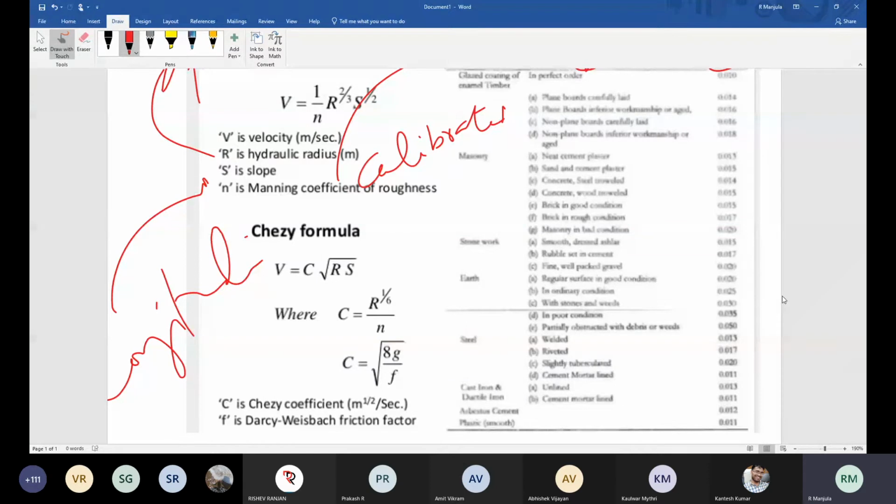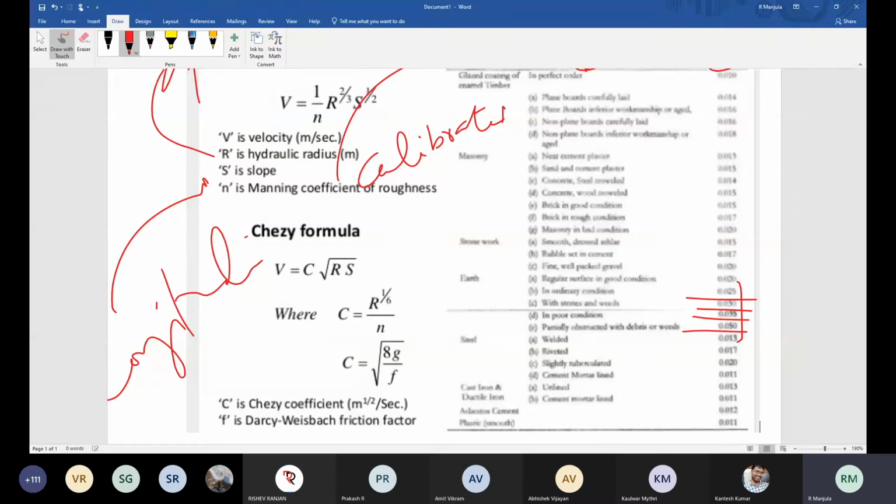That is why only the earthen materials have the maximum value of roughness. In poor condition you can see 0.035, and when partially obstructed with debris, it is 0.05.